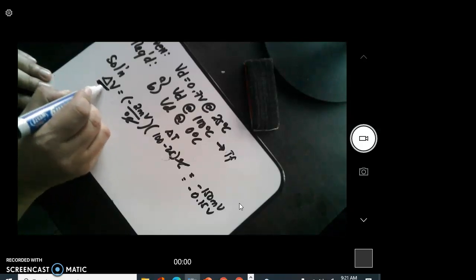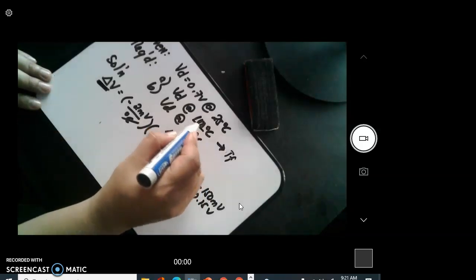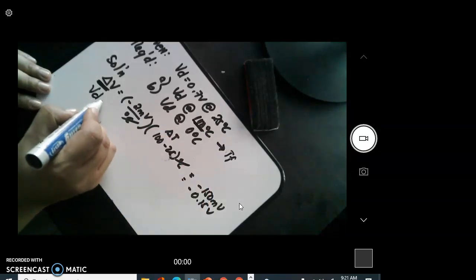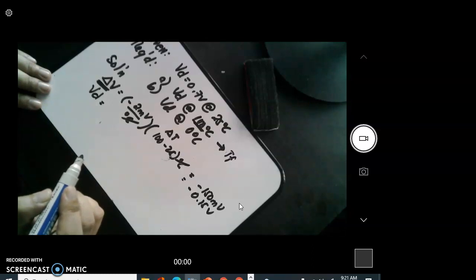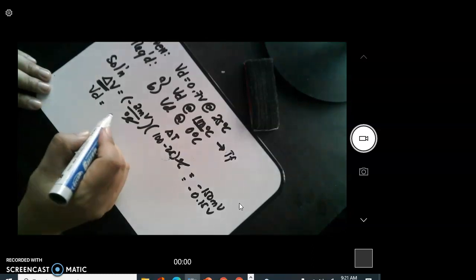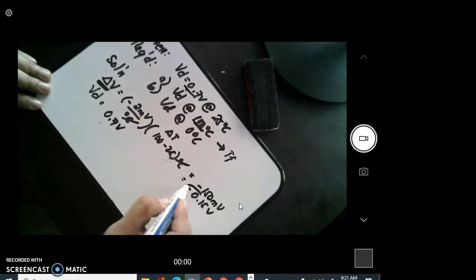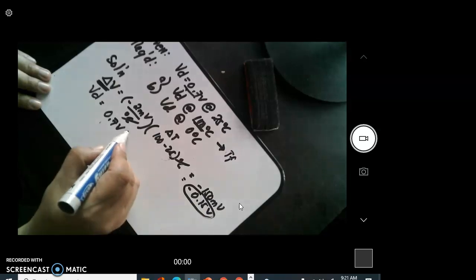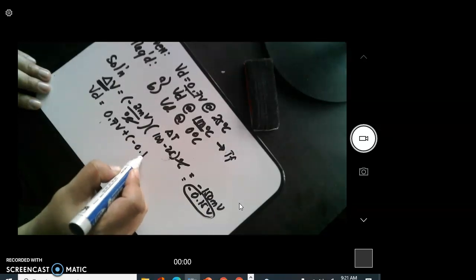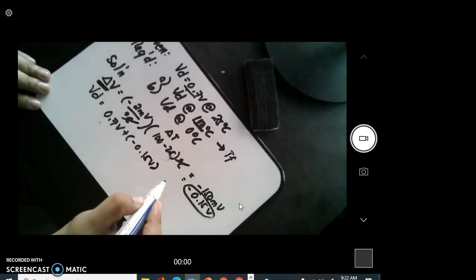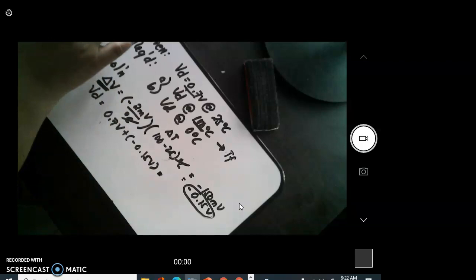Is this already the barrier potential? No, that is just the change that happens when your temperature increases to 100 degrees Celsius. So, what is now your barrier potential? So, your barrier potential now is simply equal to the original, 0.7 volts. Then, add now the change in voltage, which is simply equal to negative 0.15 volts.